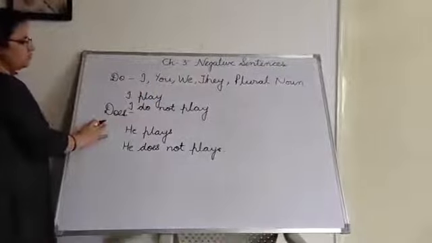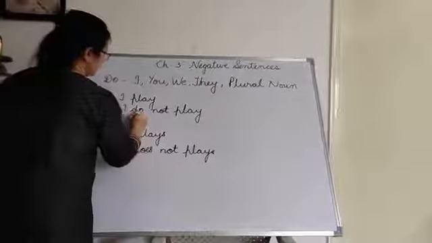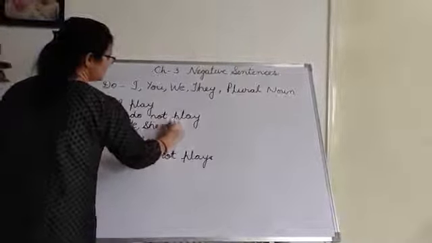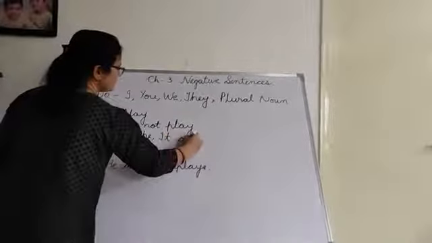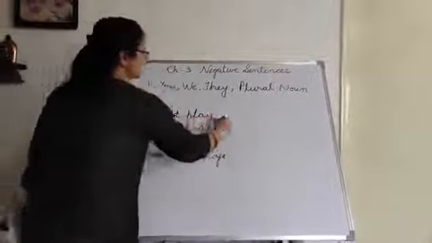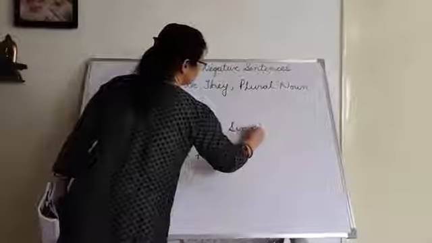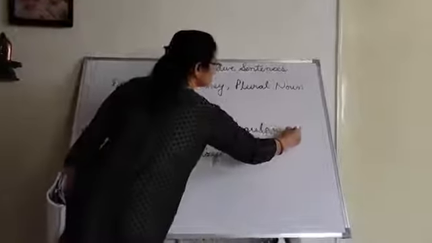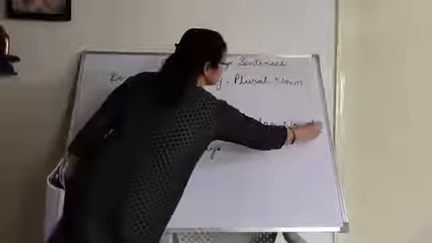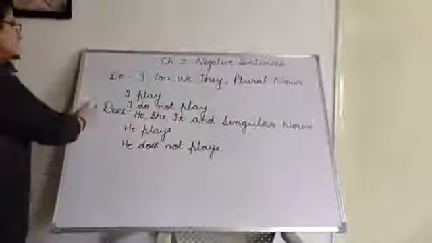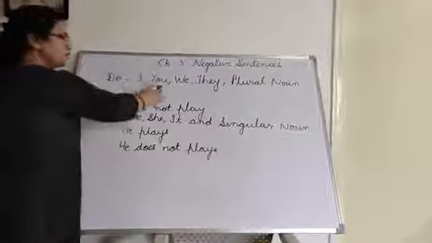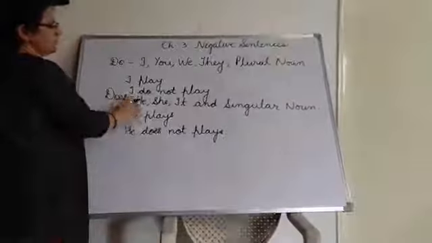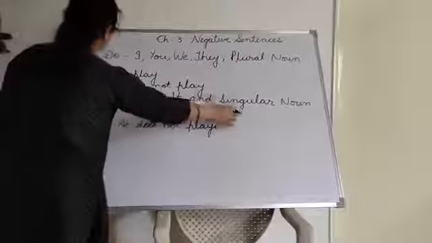And where to use does, you will use does with he, she, it and singular nouns. Okay children, so do you will use with I, you, we, they and plural nouns, and does you will use with he, she, it and singular nouns.